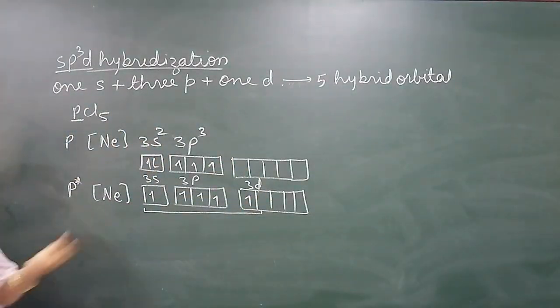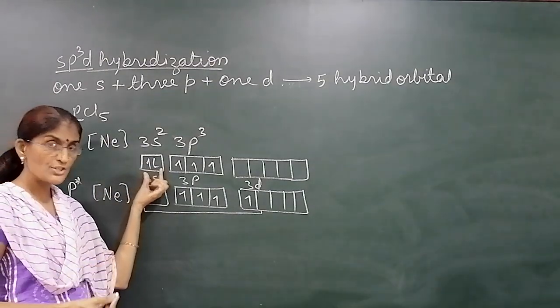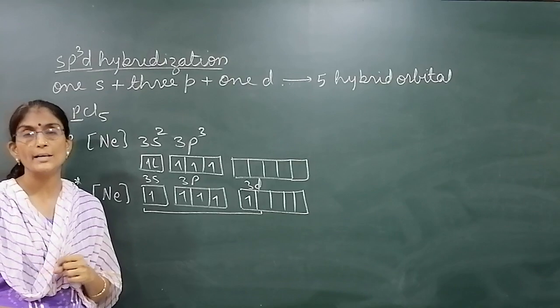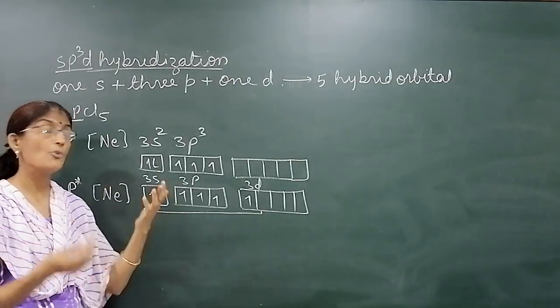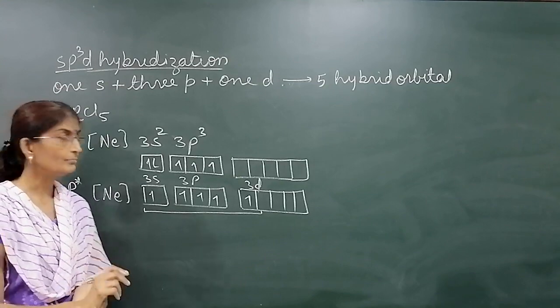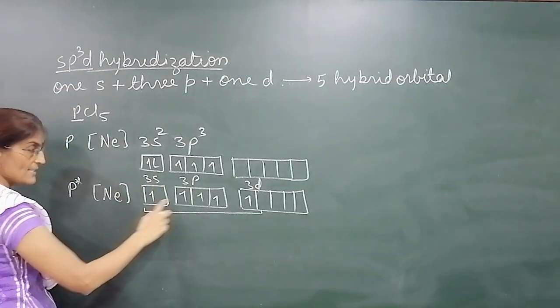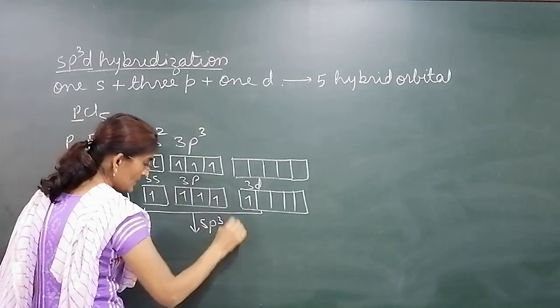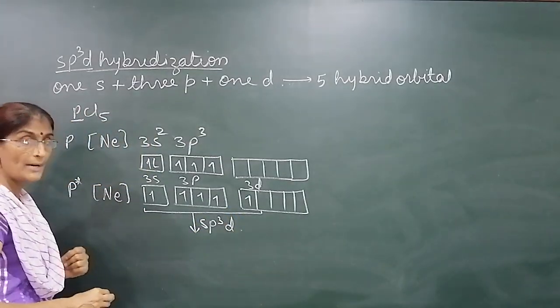So in excited state, one 3s electron jumps to the vacant 3d orbital to make 5 unpaired electrons so that they can form 5 bonds with 5 chlorine atoms. Now these orbitals 1s, 3p, 1d undergo mixing and the hybridization is called sp3d hybridization.